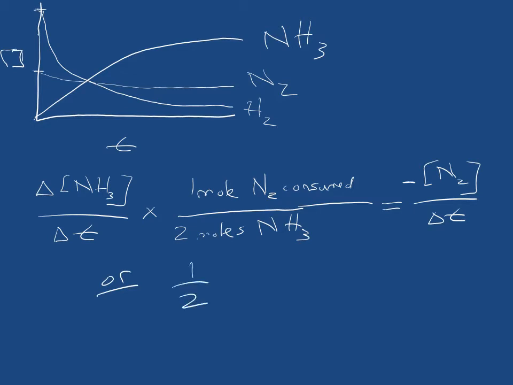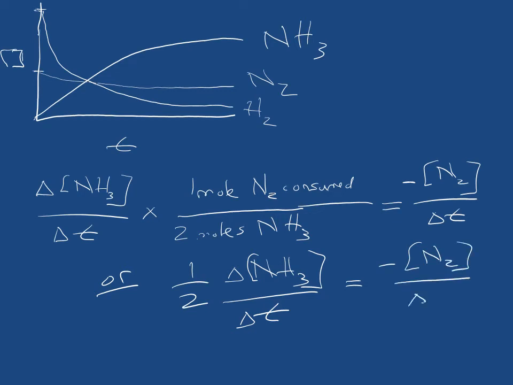So if you take 1/2 times the rate of change of ammonia, just take that number, cut it in half, that will be equal to, or if you want to, take the 2 and put it on the other side.